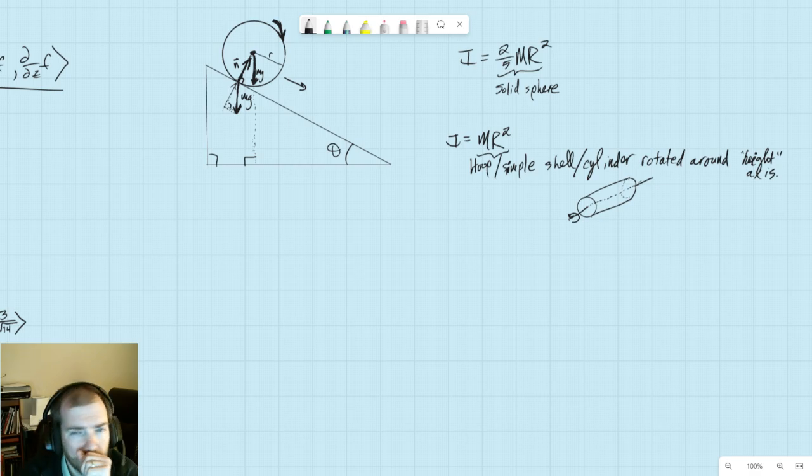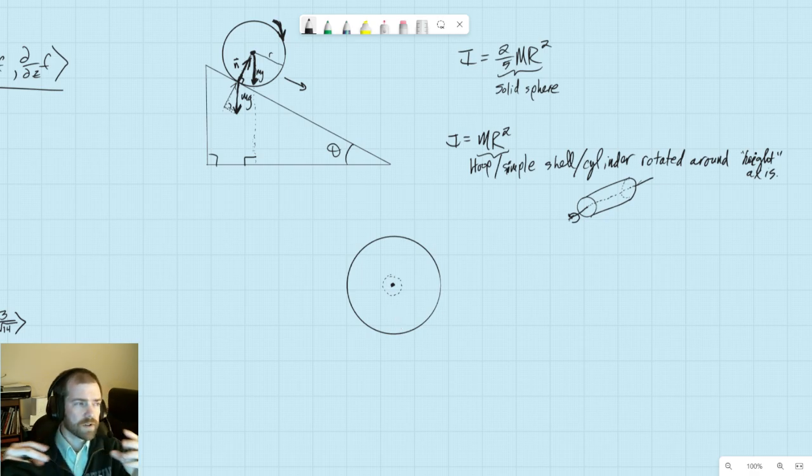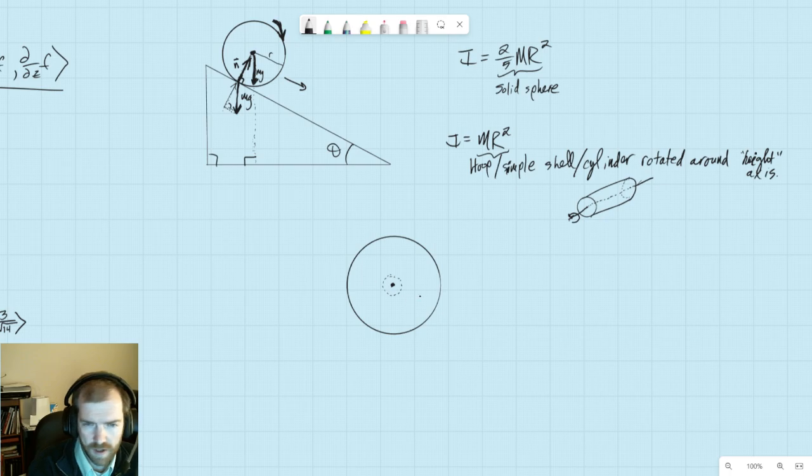Now I'm kind of curious. What would a series of individual shells get you for the sphere?